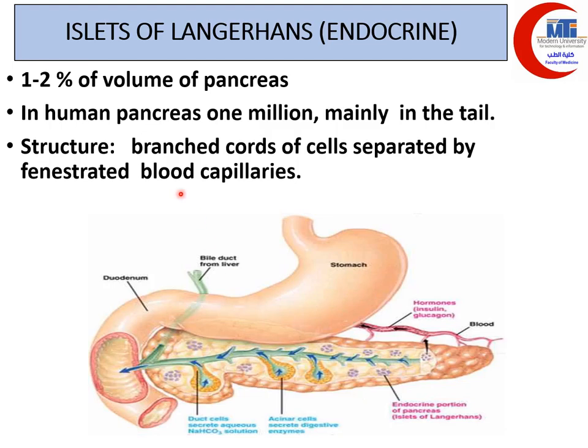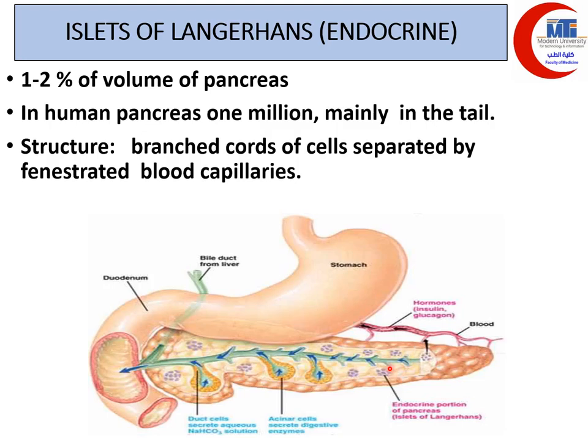Structure of islets of Langerhans: it's formed of cords of cells separated by fenestrated blood capillaries. This diagram shows the pancreas formed of the exocrine part, the pancreatic acini, which secrete pancreatic enzymes through ducts to reach the duodenum, and the endocrine part, which are pale areas called the islets of Langerhans, scattered between the pancreatic acini.